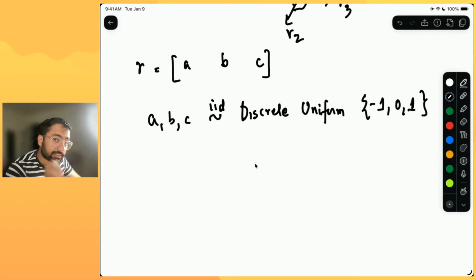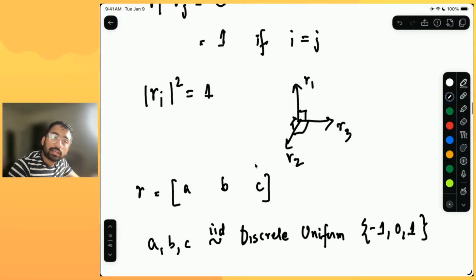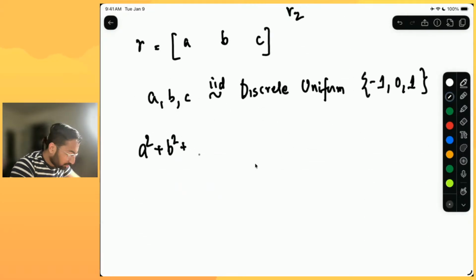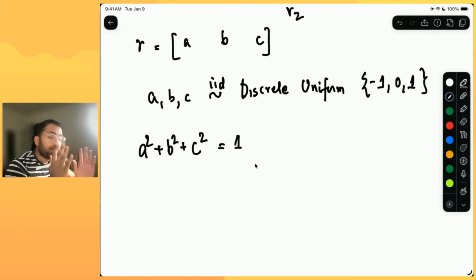There is a restriction, by the way. From the previous derivation, the restriction is that this vector is orthonormal. That means a square plus b square plus c square is equal to 1, and all these three vectors are orthogonal to each other.